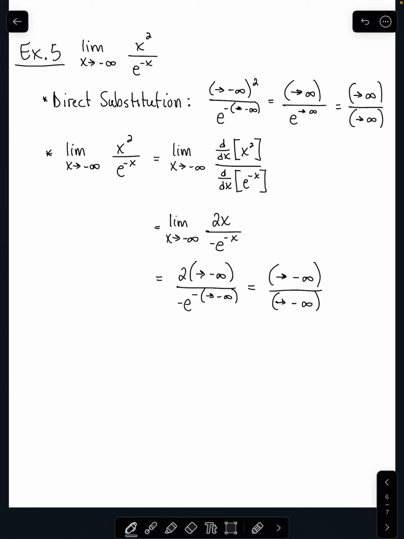However, imagine that this was the original function. If I had started out giving you this limit as the original function, then what we just did would have shown that we could use L'Hopital's rule on this original function. So why not use it again?